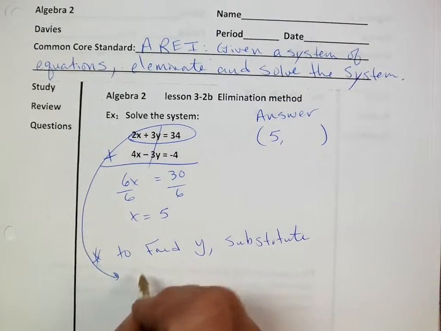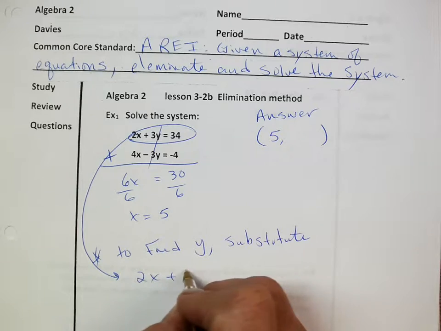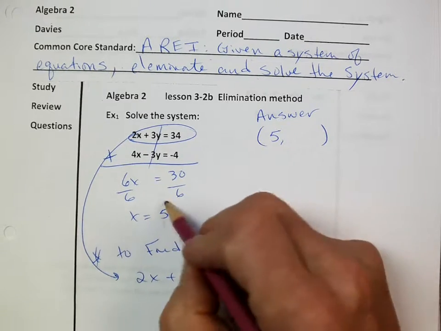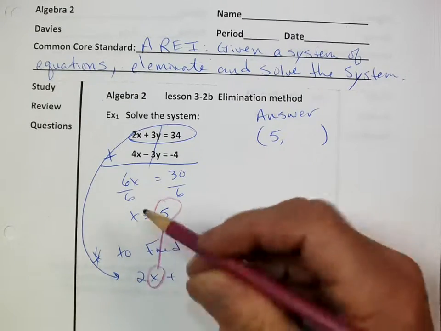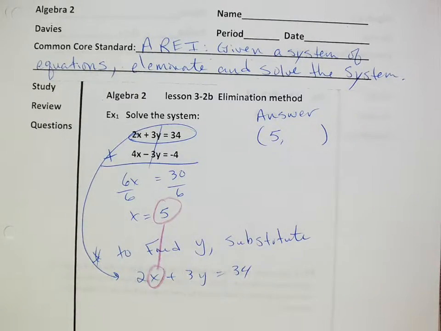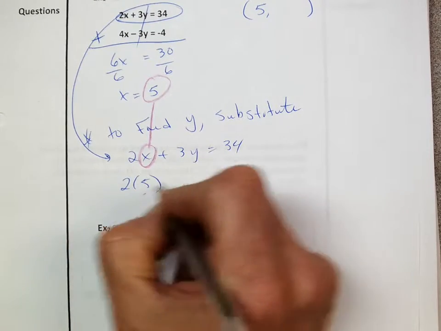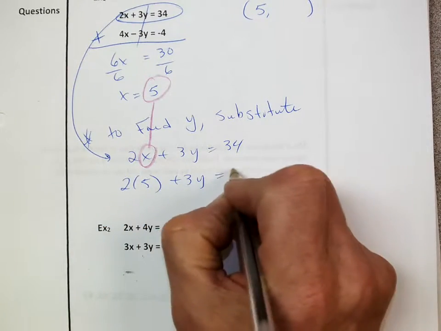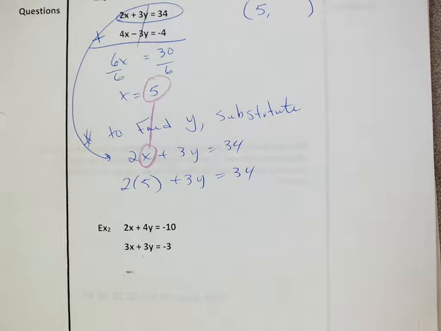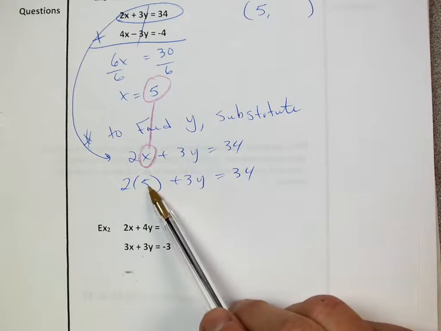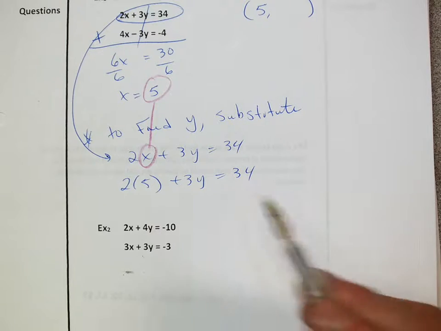So we are going to take our 2x plus 3y equals 34. And we're going to substitute the 5 in for the x, right? So let's go ahead and finish this up. So we're going to have 2 times 5 plus 3y equals 34, right? Substitute the 5 in for the x. So I've got my 2 times 5 plus 3y equals 34.